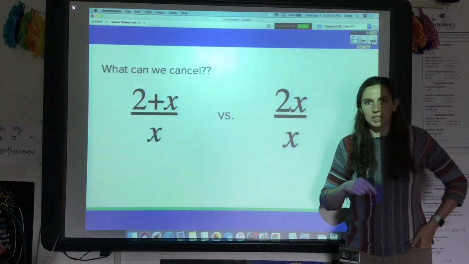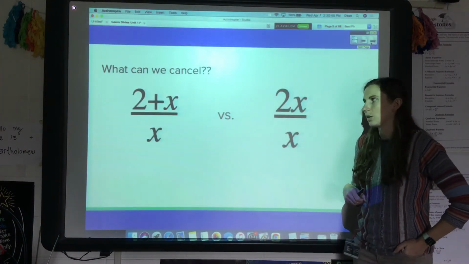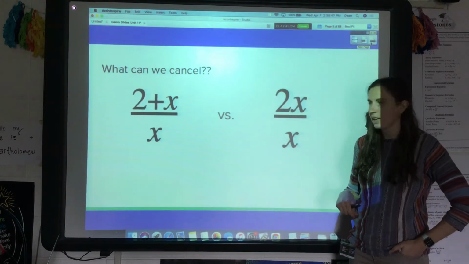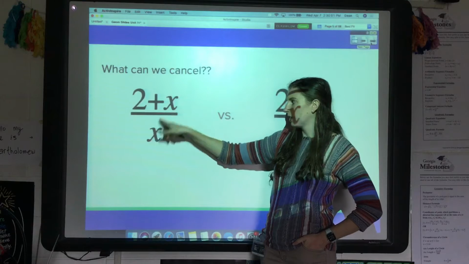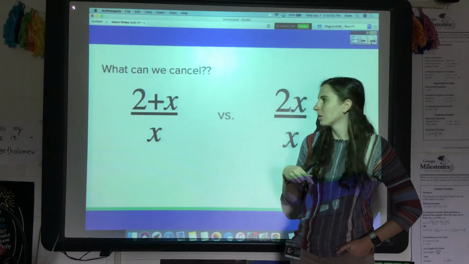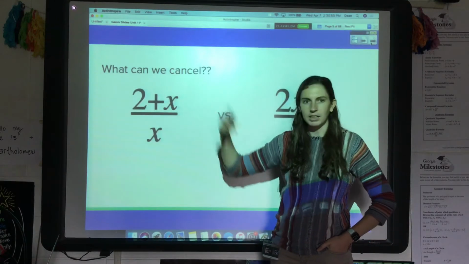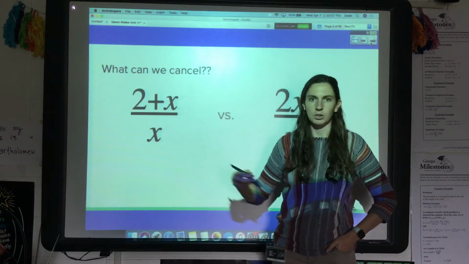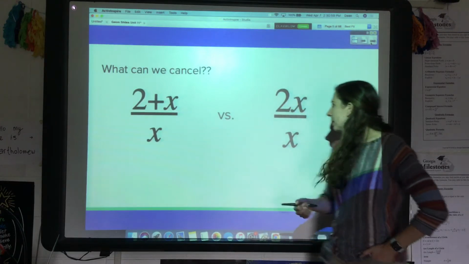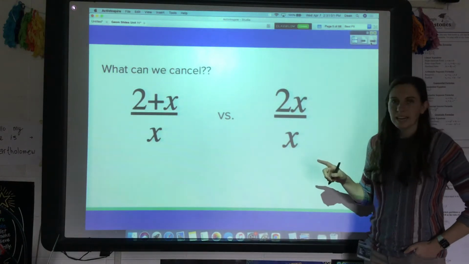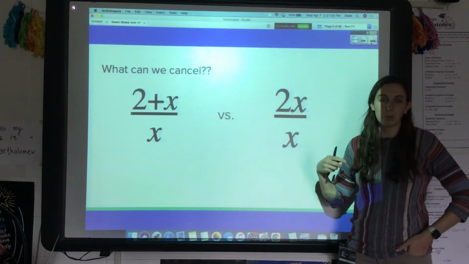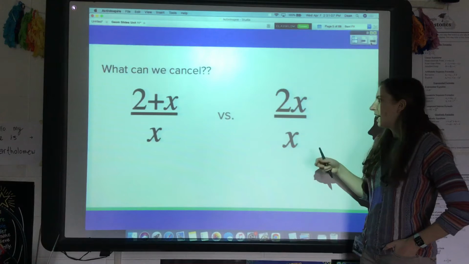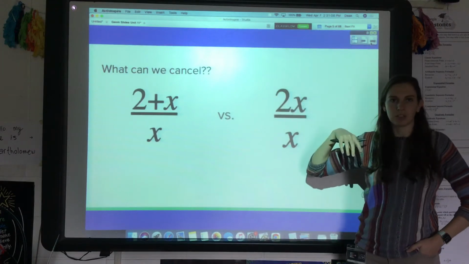So I want to start with talking about what can we cancel. It's really tempting to many algebra students to try to cancel terms like those. It's like, oh, there's an x on the top and x on the bottom, so can't I cancel those? And you cannot. You can only cancel variables or numbers if it's all just multiplication and division.